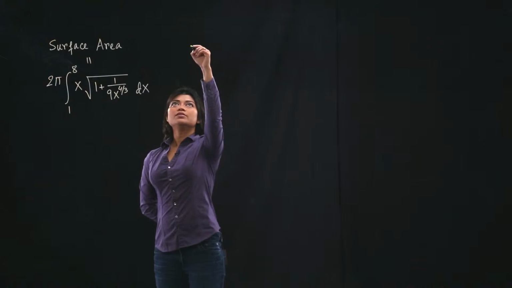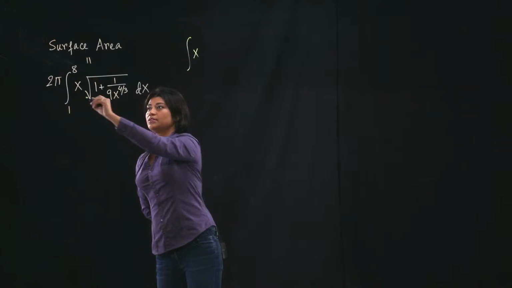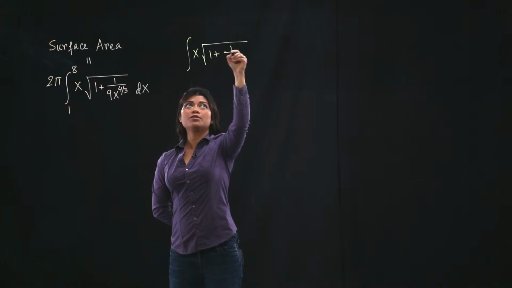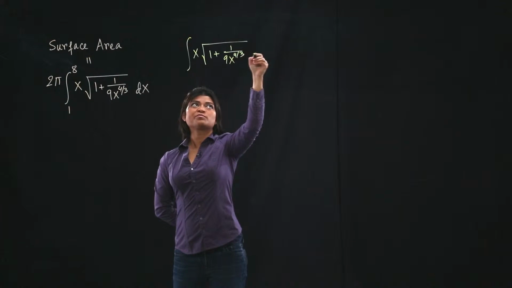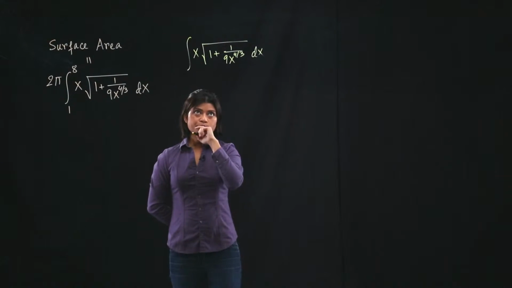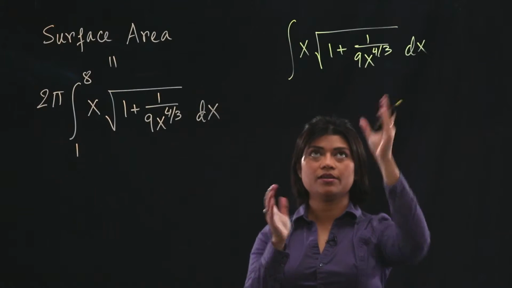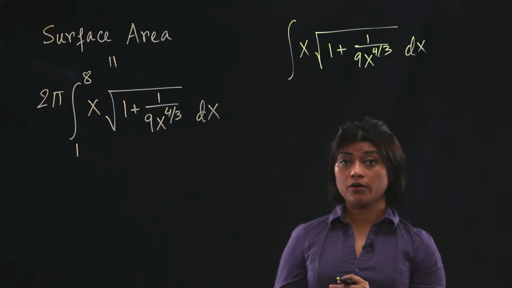Okay, so let's just consider the indefinite integral x times square root 1 plus 1 over 9x to the 4/3 dx. So notice that there's a square root function inside the integral. So let's see if a simple u substitution works or not.